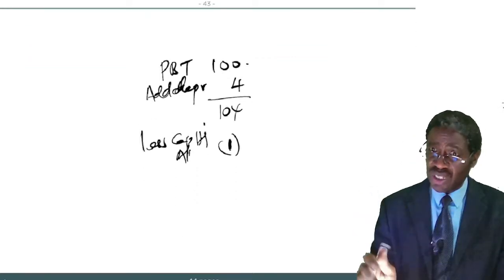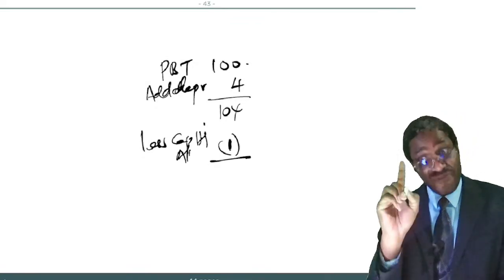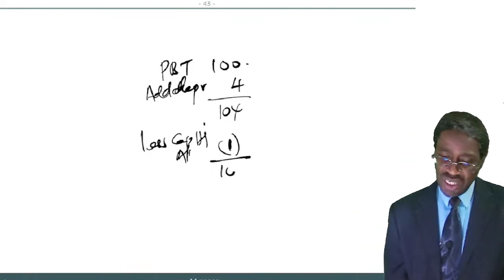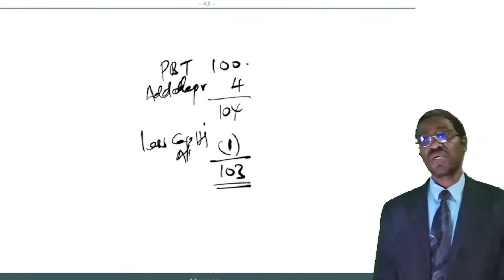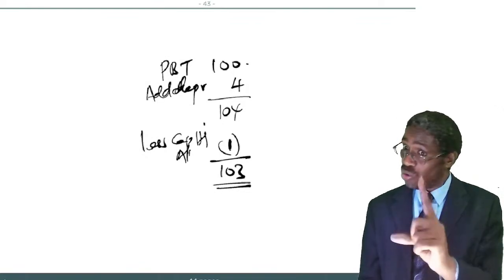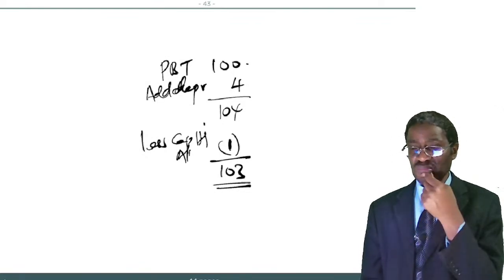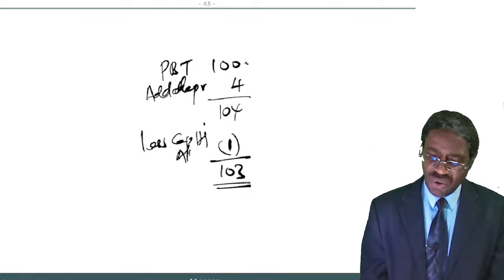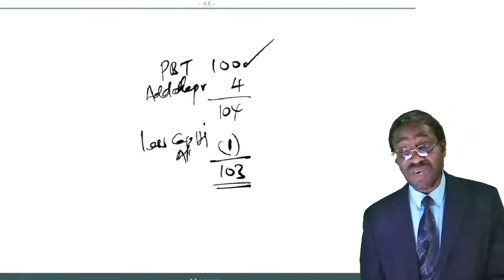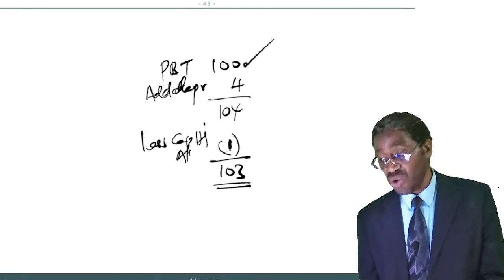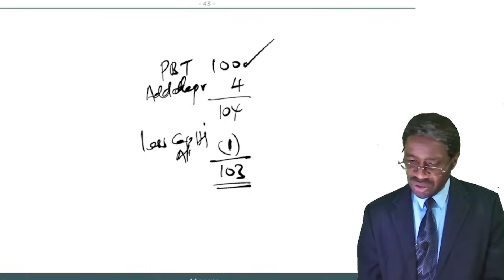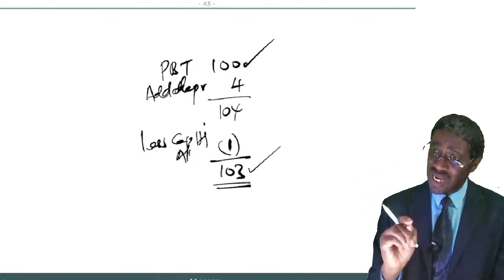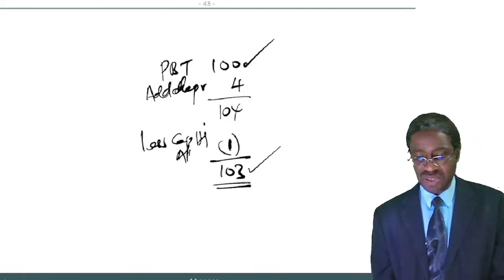In the future, he will require you to pay tax on how much? 103. While you as a businessman thought you will pay tax on 100, the taxman will tell you that you're going to pay tax on 103. There's a difference between mine and his by how much? 3 million.